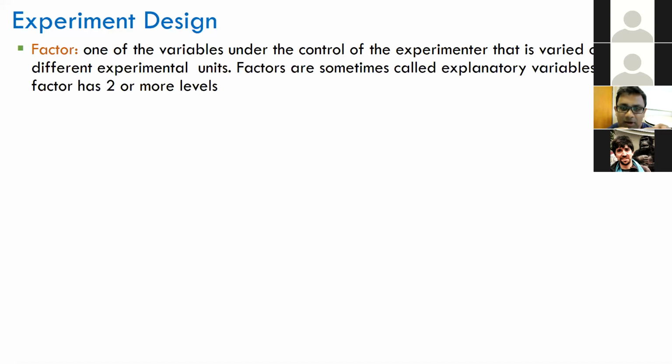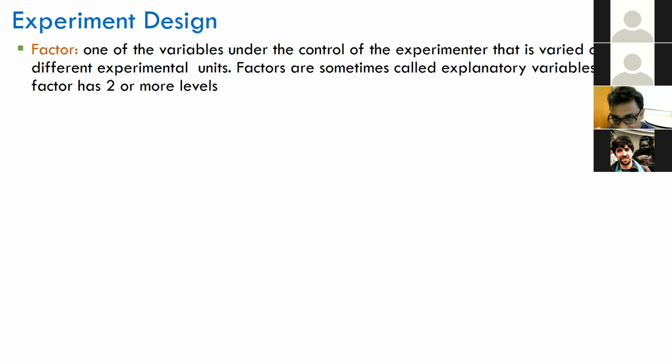So how do you measure? You cannot use one concentration. You use different concentrations of the particular explanatory variable. Those are called your levels, right? If you want to study plant growth based on soil type and irrigation pattern, then soil type is one factor and irrigation pattern is another factor.